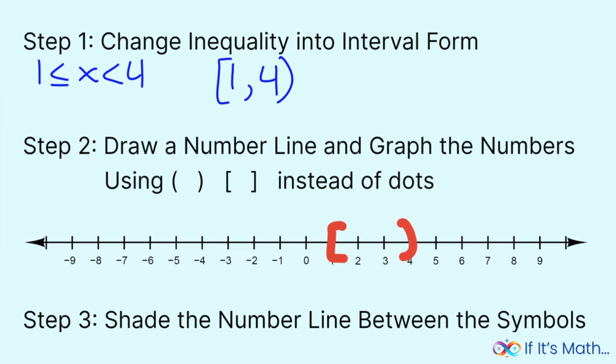And then shade everything in between. And so that is the graph of 4 is greater than x, which is greater than or equal to 1. Again, just to recap it, you end up with bracket. You had the or equal to that lines up with that. And you have the parentheses because you did not have or equal to, and it lines up with that.